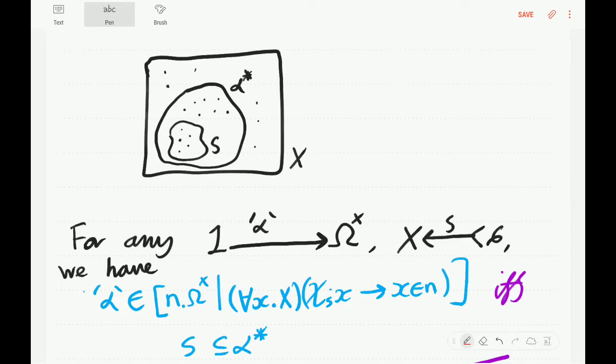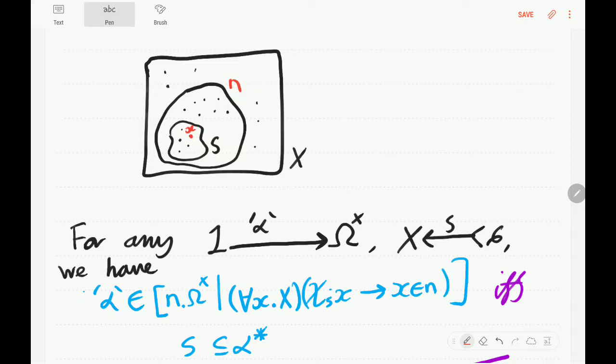In set theory, you'd be saying something like, well, I want to have a collection of subsets n which have the property that for any x, we have that if x is in S, as in if chi s x is true, then we should have that x is in n.